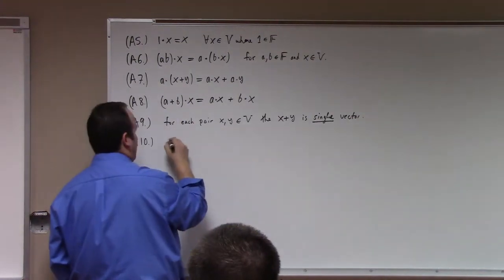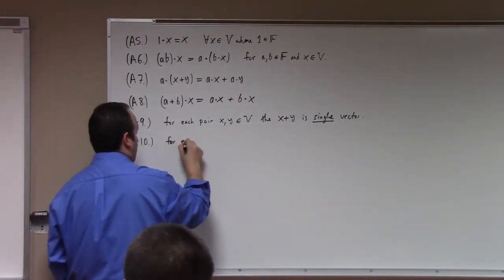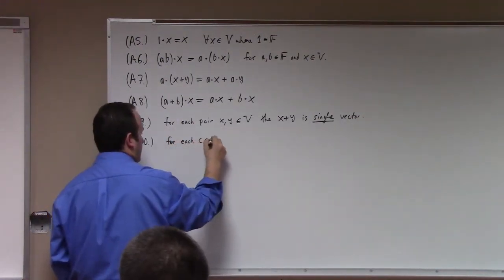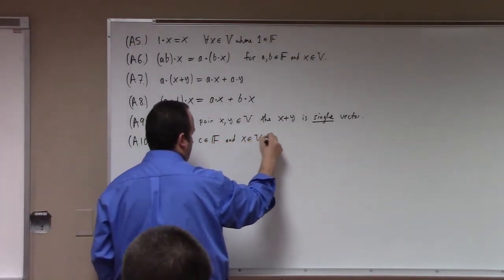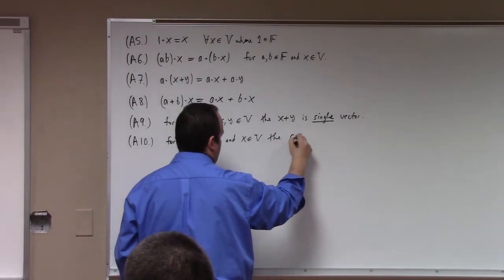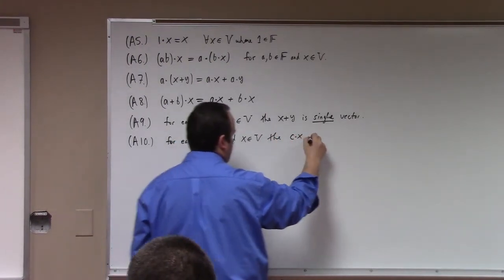And this axiom 10 is for each c in the field and x in the vector space, the scalar multiple of x by c is a single vector.